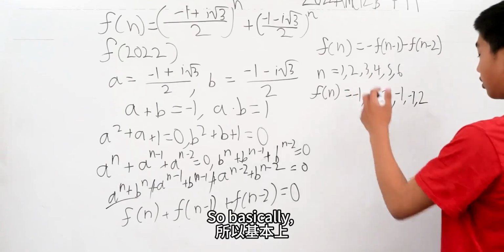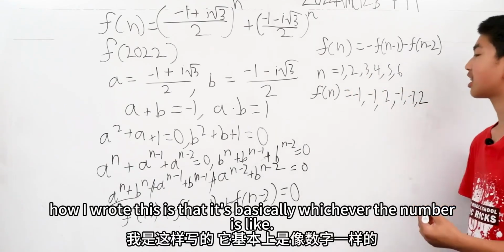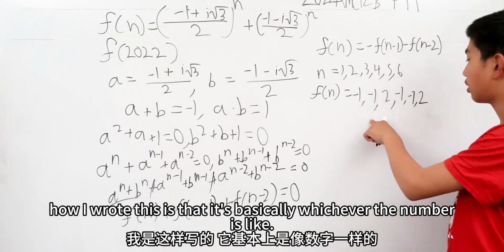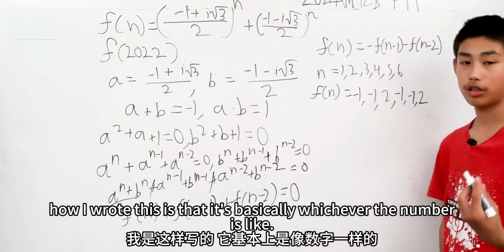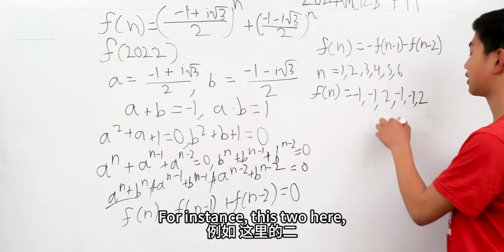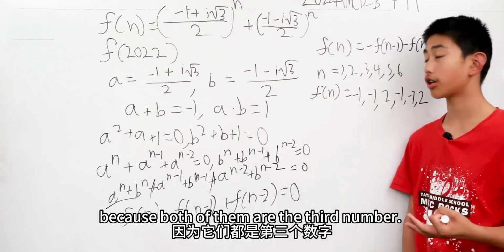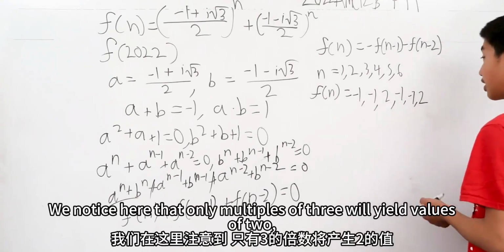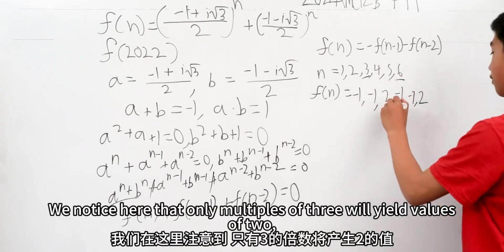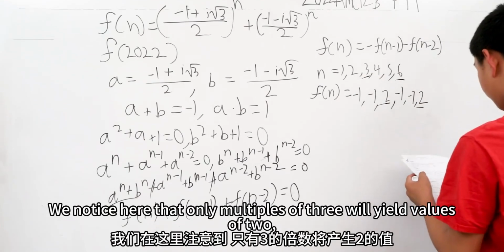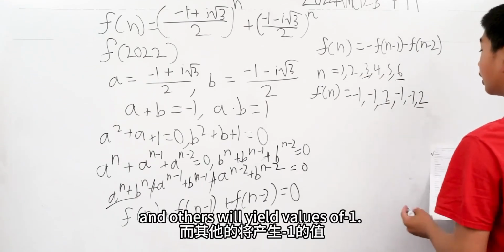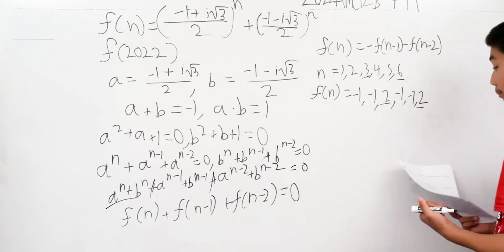Whichever number it is, for instance this 2 here corresponds to 3, because both of them are the third number. We notice here that only multiples of 3 will yield values of 2, and others will yield values of -1.